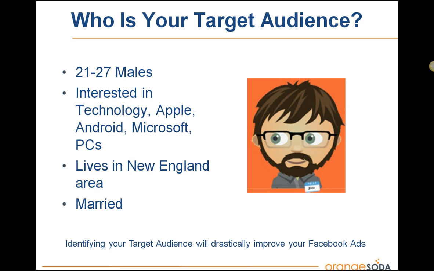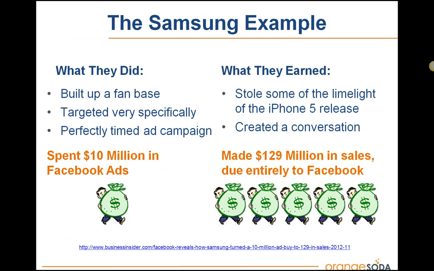That's just an example of how you can nail down who you want to advertise to. Again, doing so will provide more effective Facebook ads, and you'll be able to design ads that are targeted to and seen by the right people, and therefore provide you with the most return on investment.